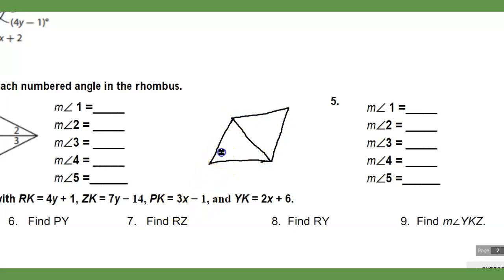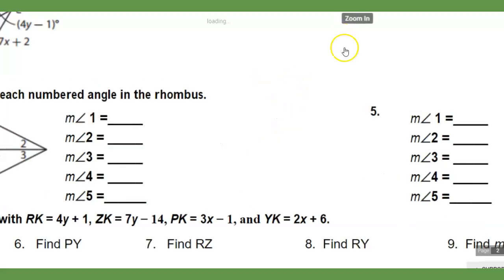Where this is 70 here. This would be angle 1, angle 2, angle 3, 4, and 5. Failed to get that figure in there.